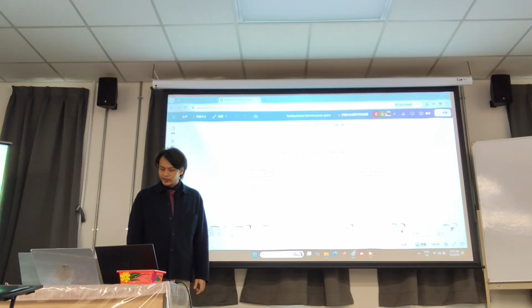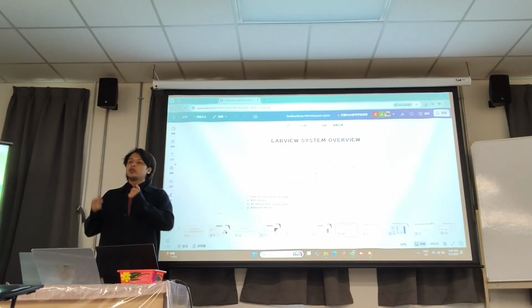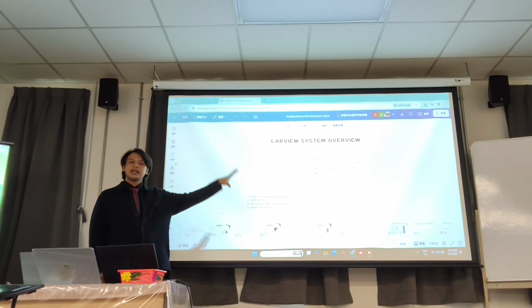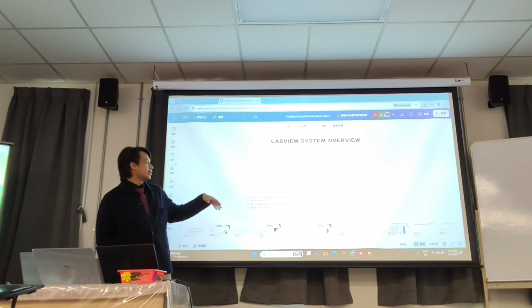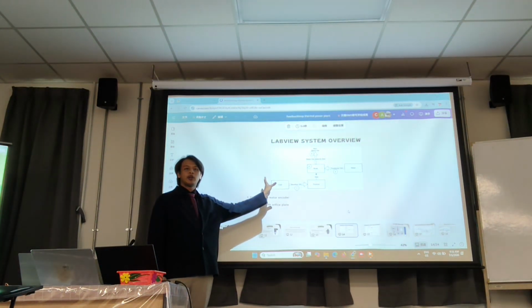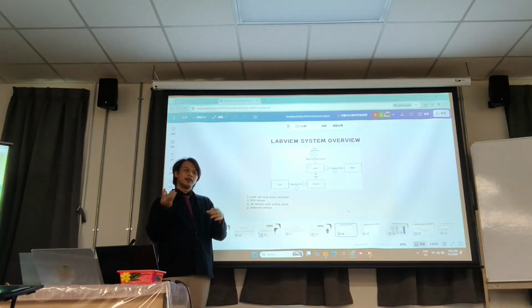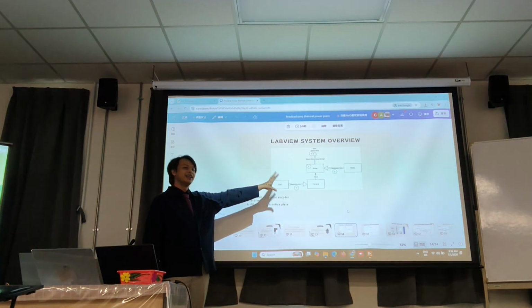Alright, so I skip the rest and I'll go straight to the LabVIEW system. When we were designing the LabVIEW, we took only parts of the power plant itself, starting from the coal. Coal is the fuel.